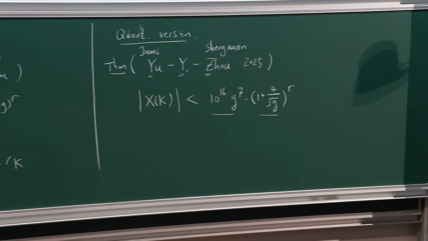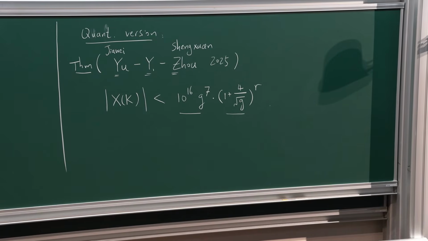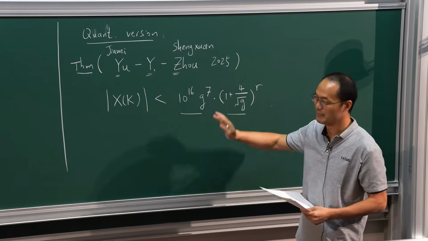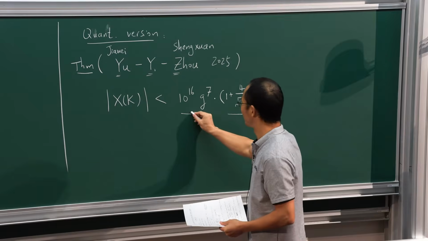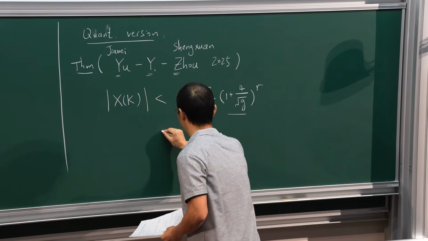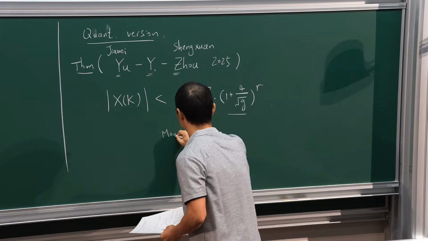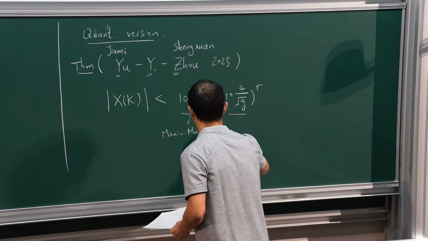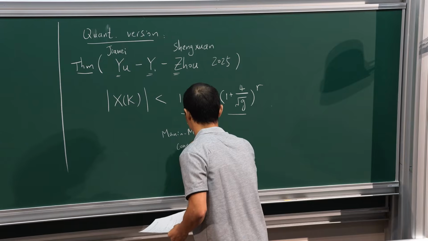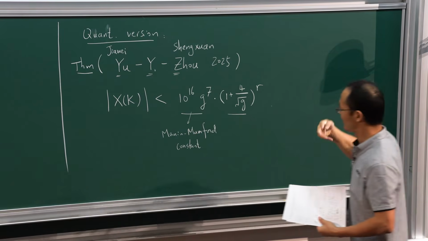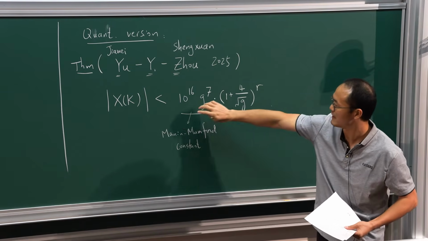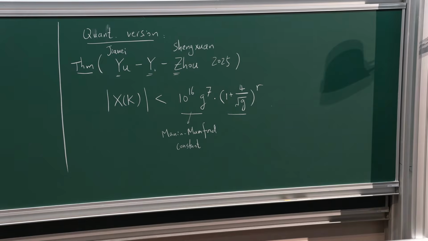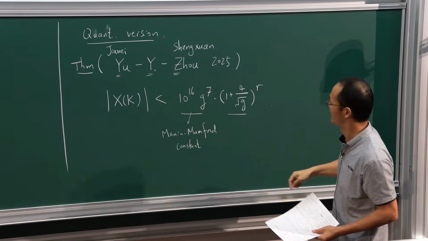And these two constants have different reasons. They really come from different computations and arguments. This constant, we call it a Manin-Mumford constant, as it's related to the Manin-Mumford conjecture. If you only consider torsion points, then you can ignore the other parts. This gives a bound on torsion points of X by embedding X into the Jacobian via the Abel-Jacobi map.